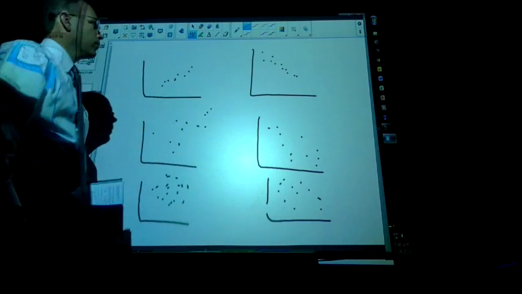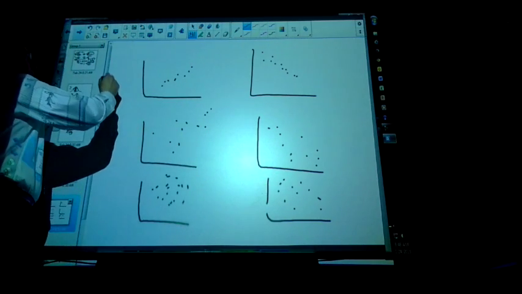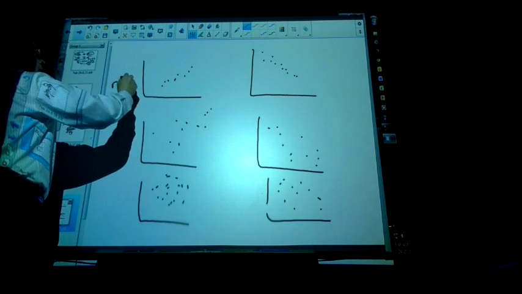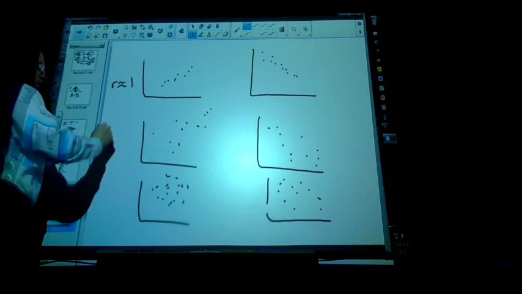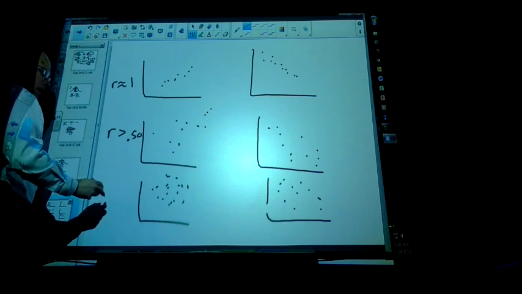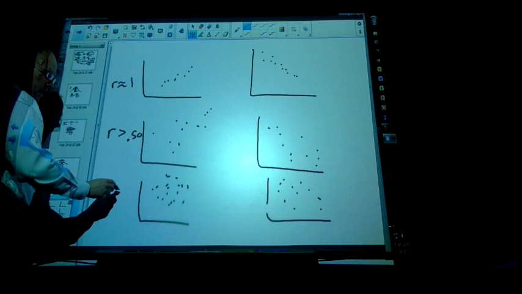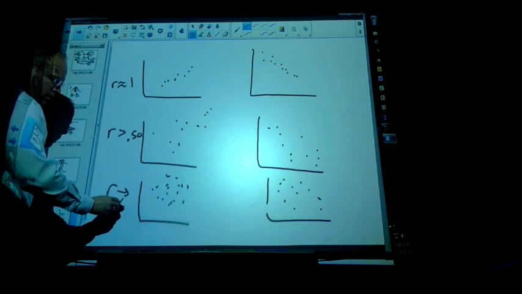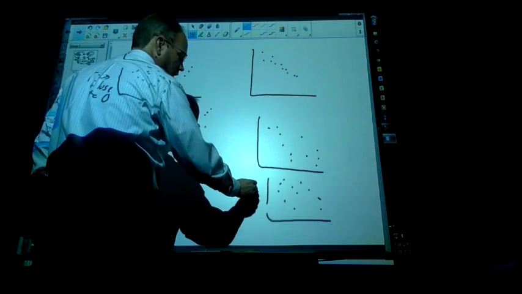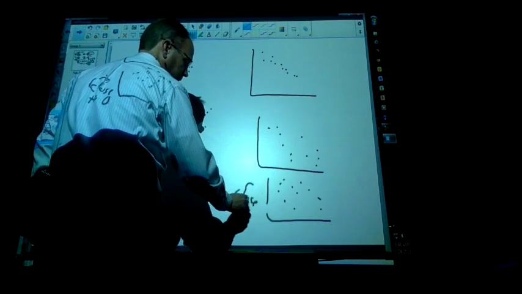All right. So if we were to look at an R value, this is about 1. This is an R value that's probably greater than 0.5. And this is an R value that is close to 0. This is also R close to 0.